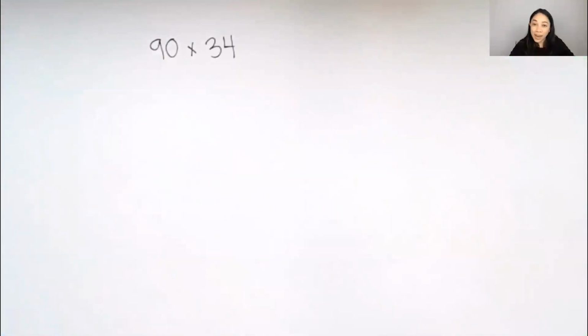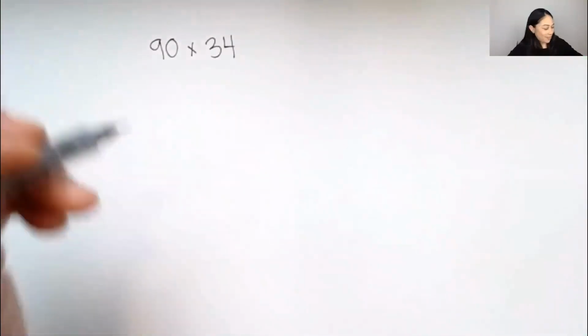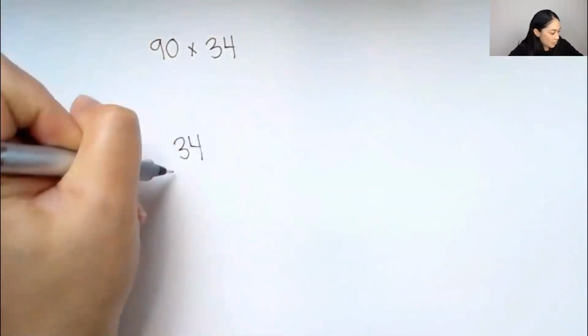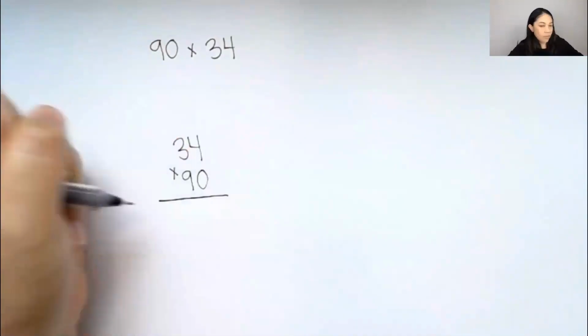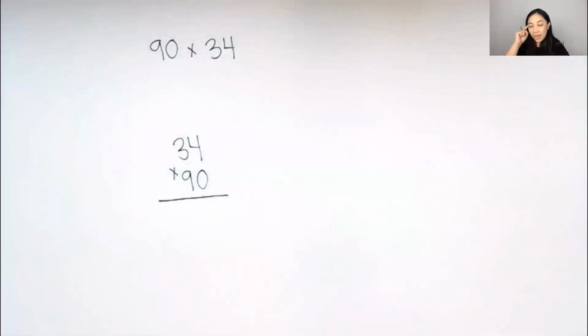Please write 90 times 34 vertically. Think, if we were to create an area model to solve 90 times 34, what would it look like? It would be 90 by 34 units.